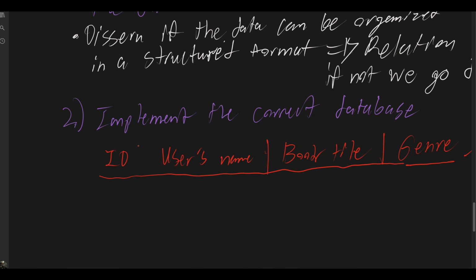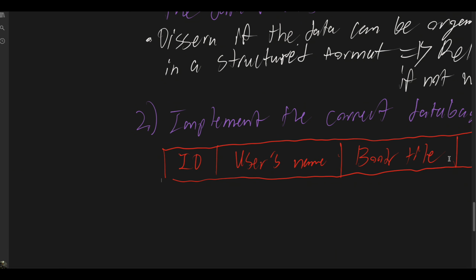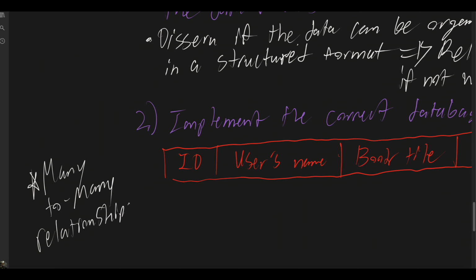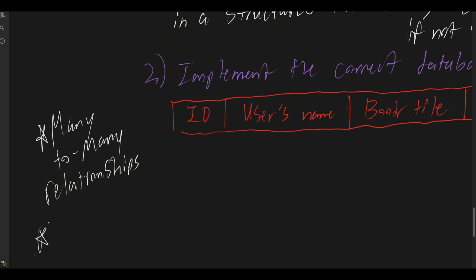So yes, they can all have different cells and rows and columns. Since we have many-to-many relationships, that's the key. It's also structured data.